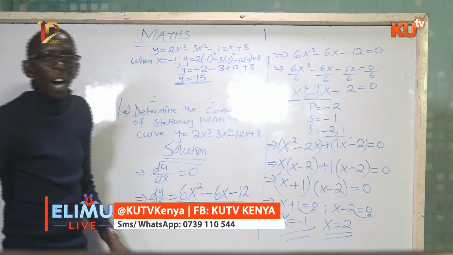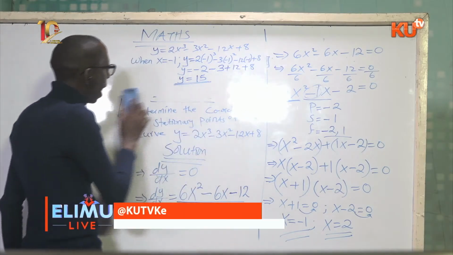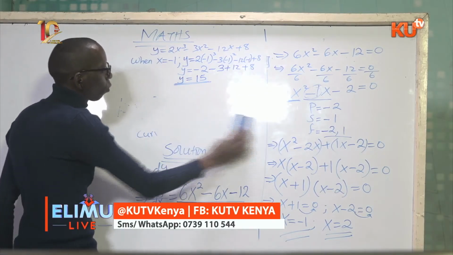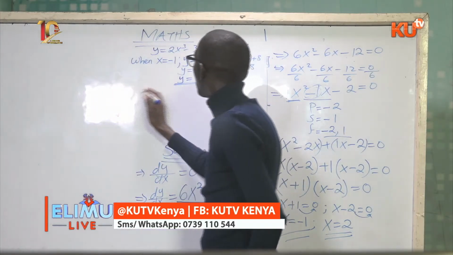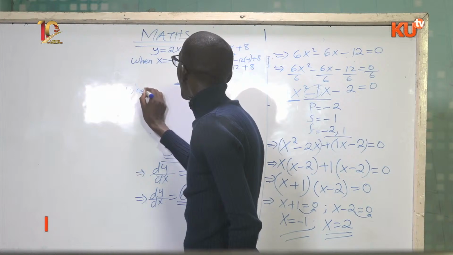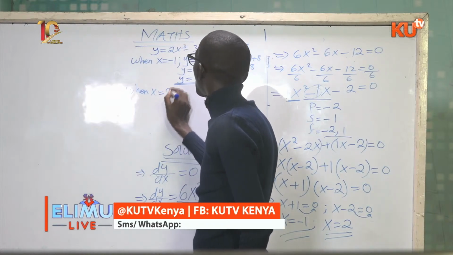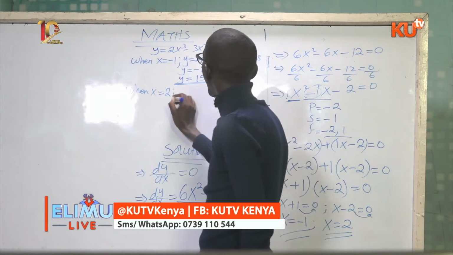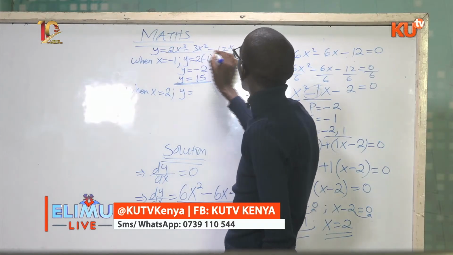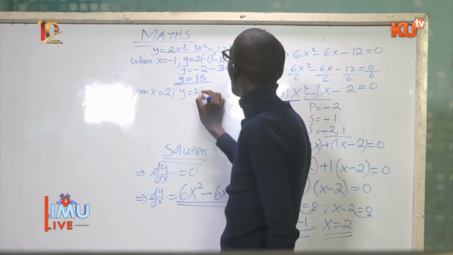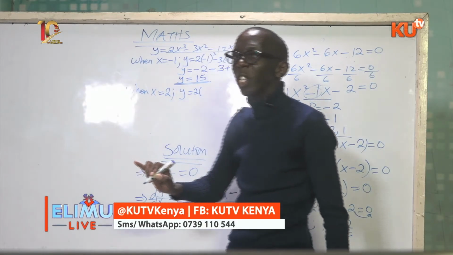Let us get the value of y when x is positive 2. When x is equal to 2, how do we get y? Our y is equal to, we take our same equation here, where we have x, we replace with 2.